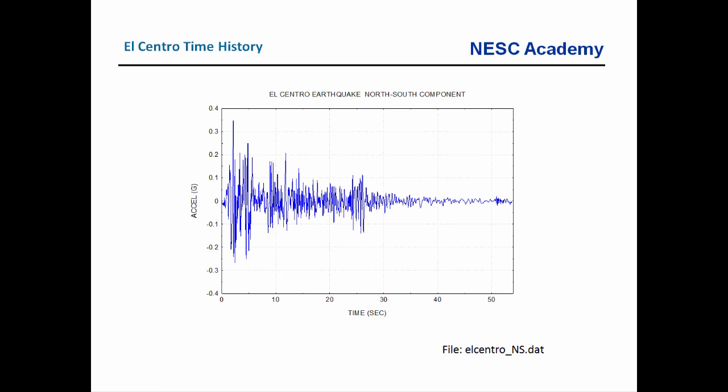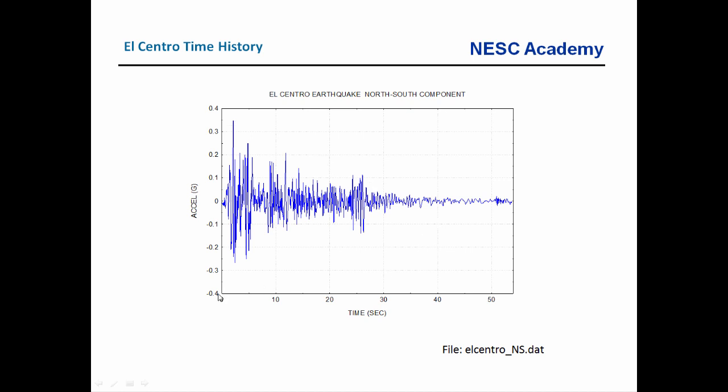Here's an acceleration time history measured from this earthquake event. This is the north-south component, so it's parallel to the ground, and we see acceleration in g's versus time in seconds. As you look at that amplitude, it is less than 0.4 g, so you might think that's a very negligibly low or benign amplitude, but this is occurring at a very low frequency.